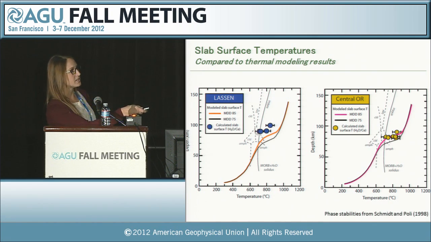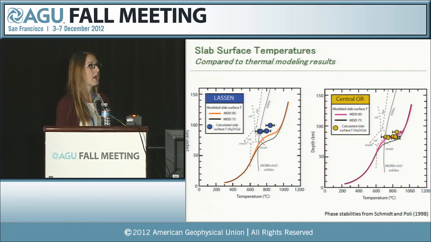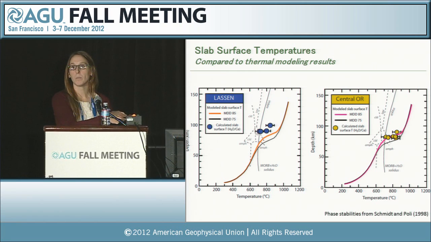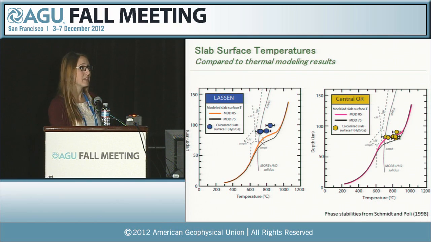I'm sorry if it's a little hard to see, but the most important thing to note is that all of our slab surface temperatures from both Central Oregon and the Lassen region plot at or above this MORB plus water solidus. These results imply that we either see evidence for the physical melting of the altered oceanic crust, or that these hydrous phases are behaving metastably and breaking down at slightly higher temperatures than would be expected from these equilibrium experiments.